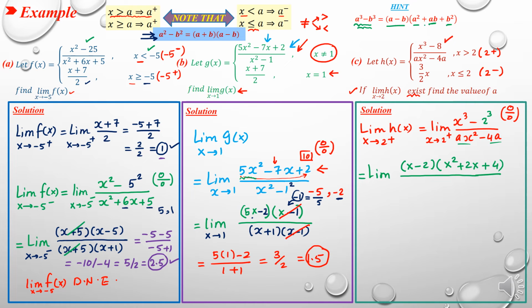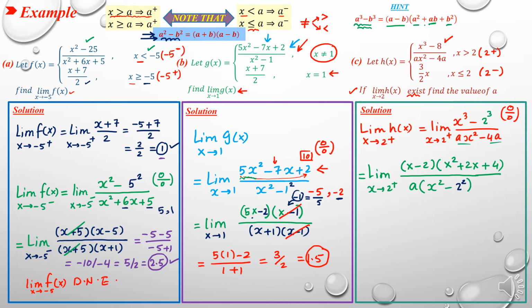So the first thing you have to do is to factor out a from both terms, and you will get x squared minus 4 when x goes to 2 from right. Now what about x squared minus 4? It has difference between two squares, but you have to write 4 as 2 squared. So we have x squared minus 2 squared, which is a squared minus b squared.